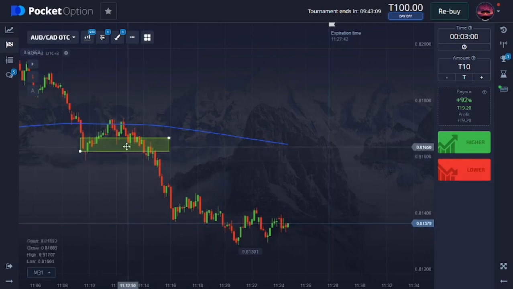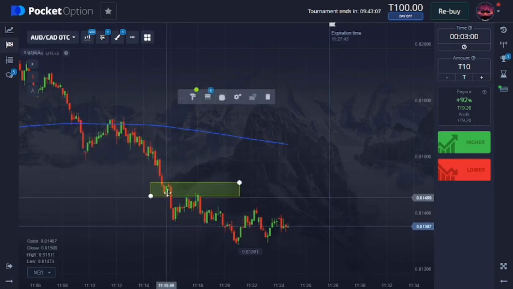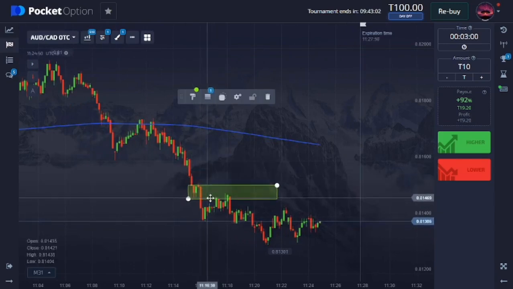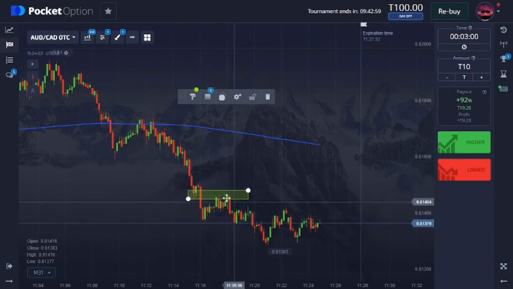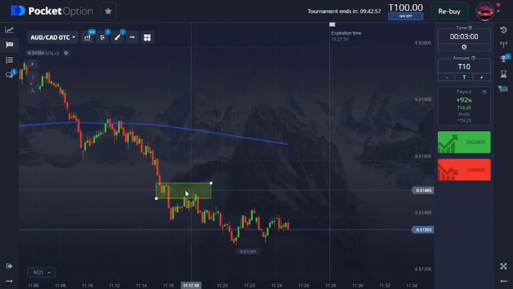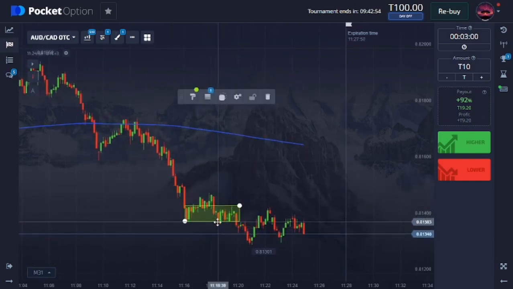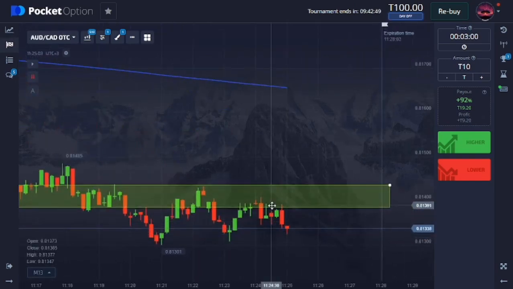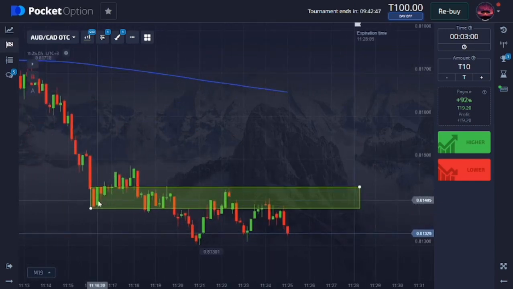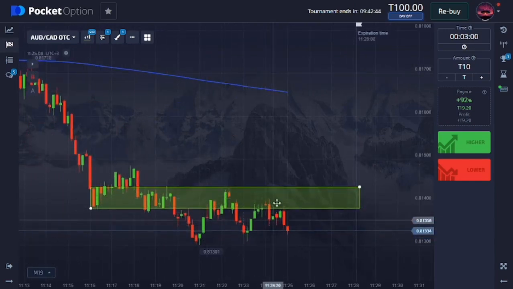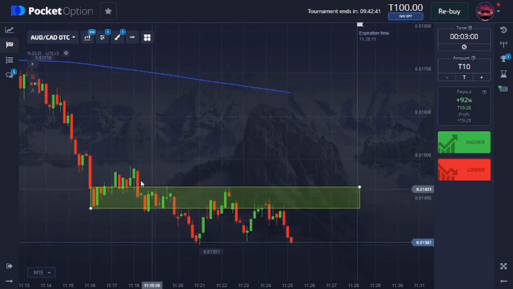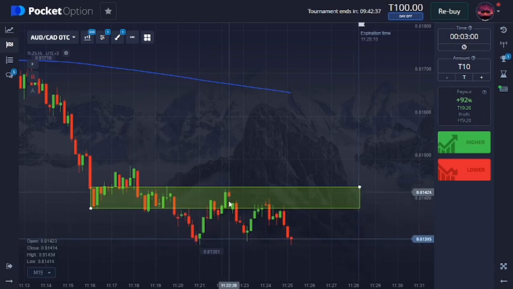And right here, targeting this swing low, this would have been a good trade, and targeting this swing low, still a valid retest. It's not a break and retest, but it is still a retest. There is a break and retest right here. This was a good move.